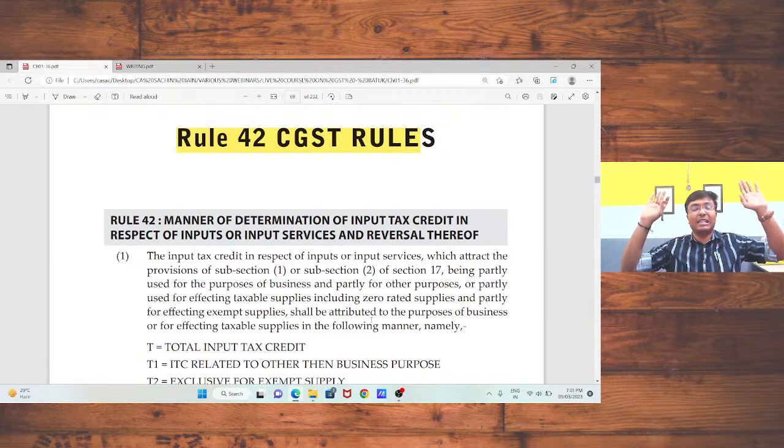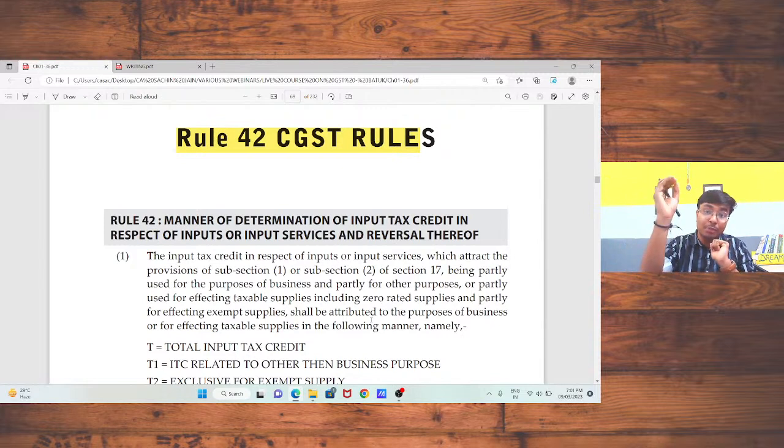Also we had discussed section 17 subsection 4, the special option in case of a banking company or financial institution. They have two options. First, they can opt for the normal scheme, and second, they can go with the special scheme in which they can claim 50% of their total eligible input tax credit. That we had already discussed in our previous session.